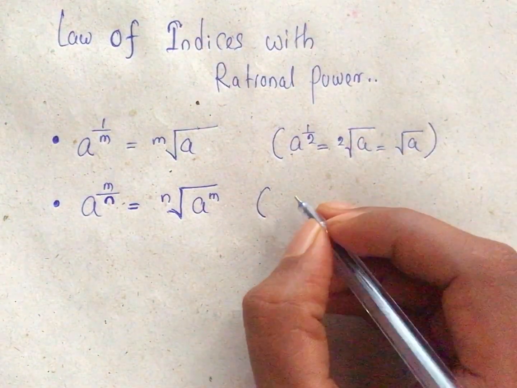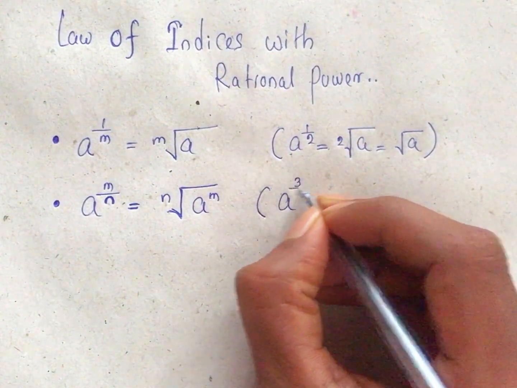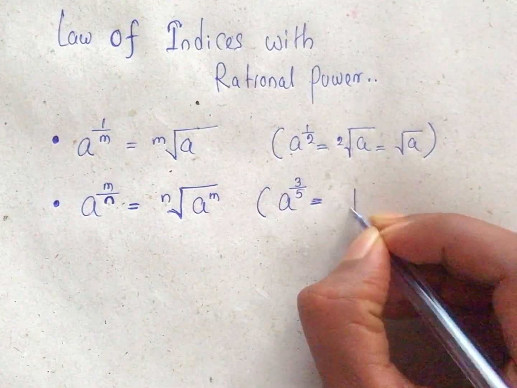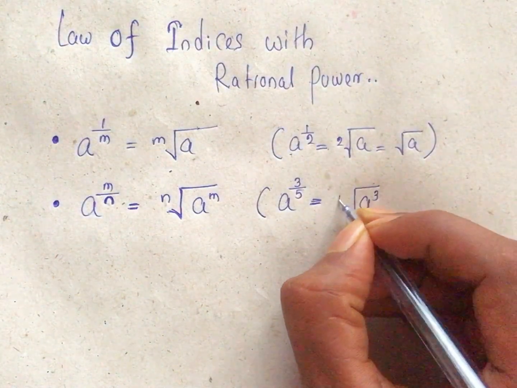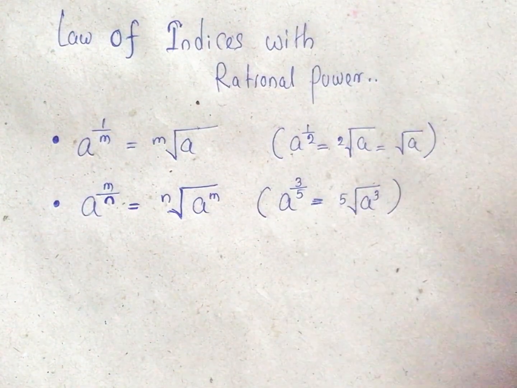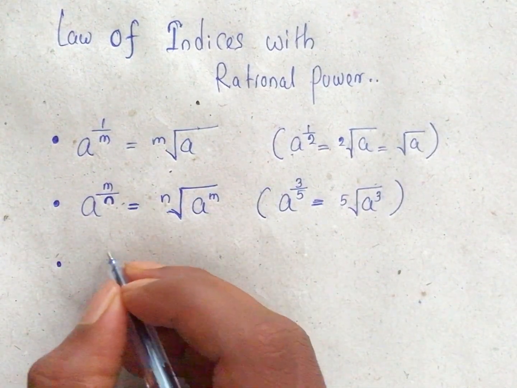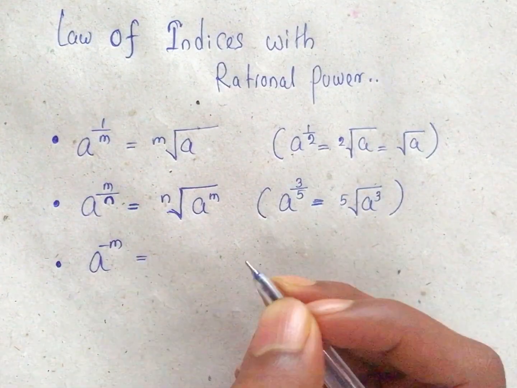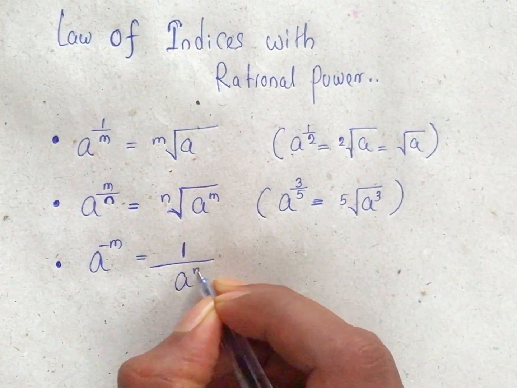As an example, a to the power 3 over 5. How can we write it? The 5th root of a to the power 3. Third point is a to the power minus m. We can write it as 1 over a to the power plus m.